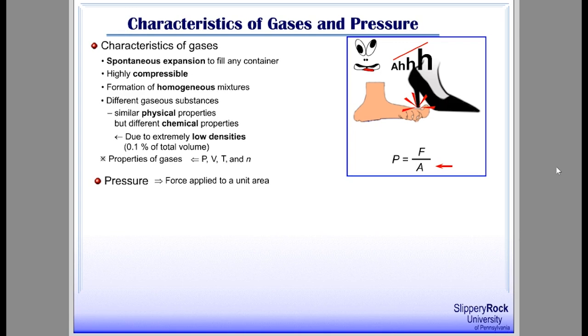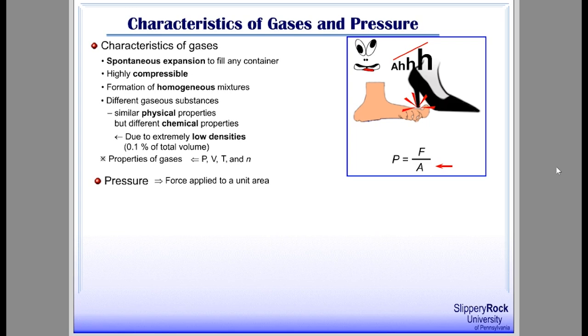The high heels provide smaller area of contact, and the vertical force is concentrated on that smaller area, producing greater pressure. Now, can you see how pressure and area are related? The smaller the area becomes, the greater pressure is produced. They are inversely proportional to each other.